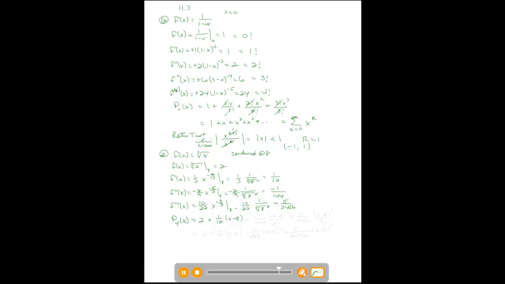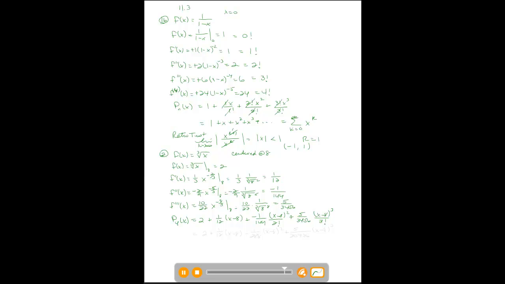It's to the first, and it's over 1 factorial, so I'm not writing that. The next derivative is negative 1 over 144. It's x minus 8 squared. Oh, and it's over 2 factorial. And then I'm going to go to the next term, which would be positive 5 over 3, 4, 5, 6, x minus 8 cubed over 3 factorial.